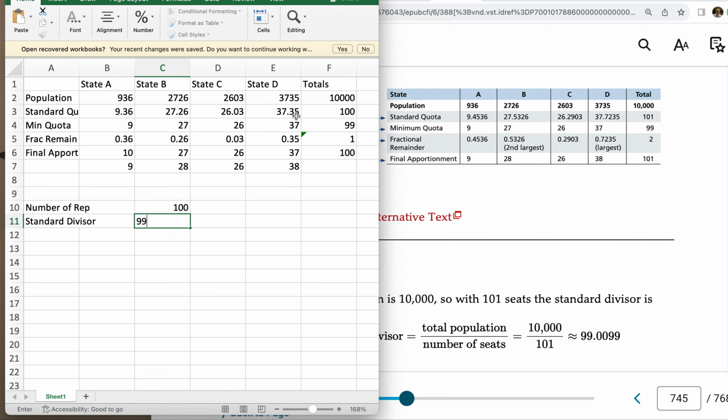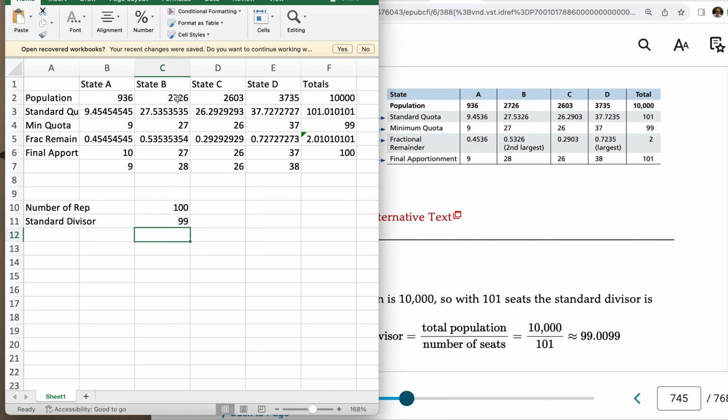When I divide by 99, you'll notice they'll get a little bit bigger. 36, 26, 3, 35. When I hit return, they go to 45 instead of 36, and each one got a little bit bigger. But it wasn't big enough to assign another representative.